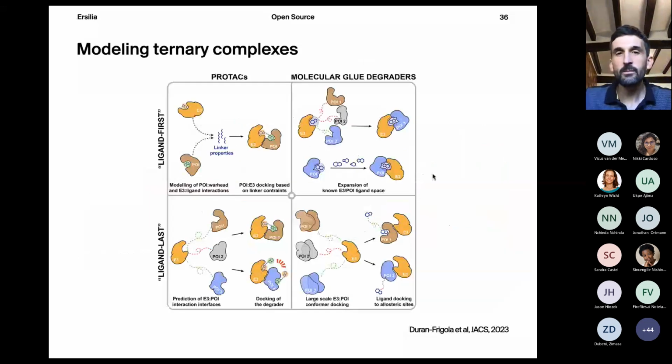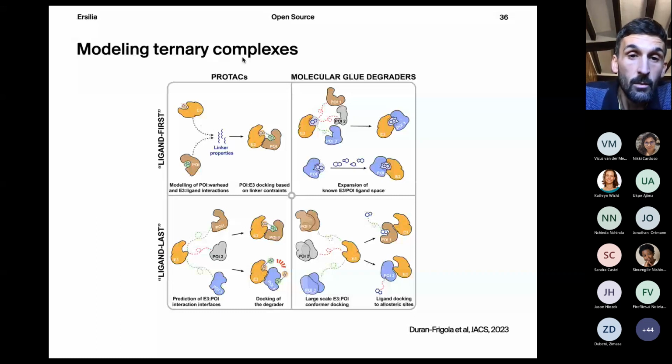Just to focus on one example, you can refer to the review for the others. I think it's quite interesting to consider how we model what we call ternary complexes. The ternary complex is the interaction between the protein of interest, the E3 ligase, and our small molecule.